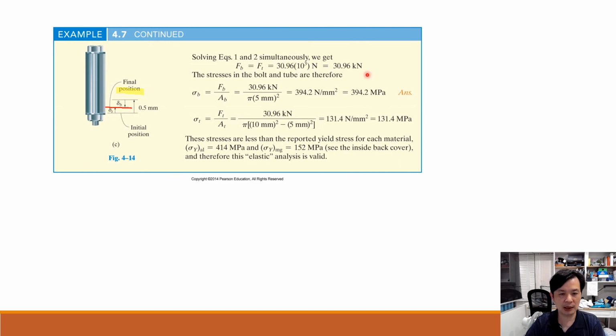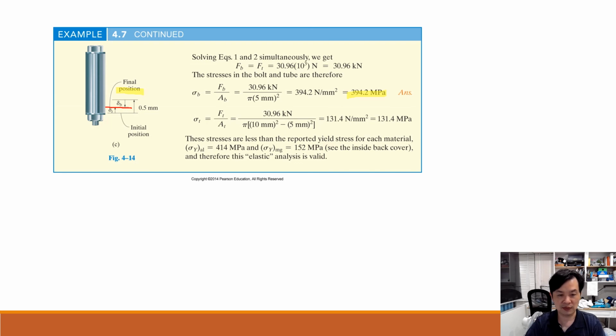Then, based on the area of each case, we can derive the stress inside the bolt and the tube. Of course, inside the bolt we get a pretty large internal stress. This is the normal stress. Then we need to check if these two values exceed the yield stress of each material.